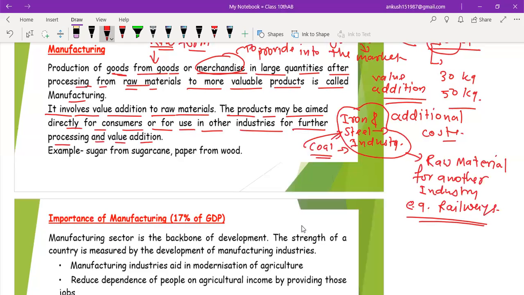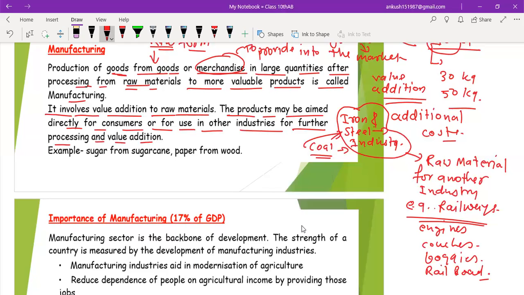Means iron and steel would be used as raw material to manufacture, to produce engines, coaches, bogies, railroads. Are you getting my point? Such things would be produced by using iron and steel.